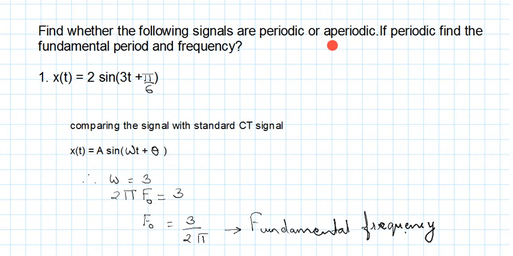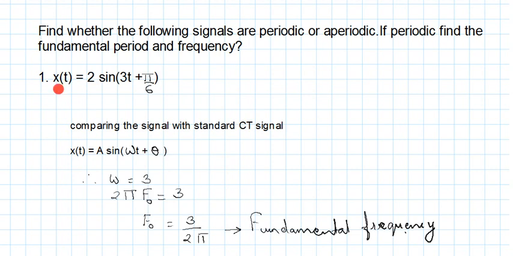If the signal is periodic, find the fundamental period and the fundamental frequency. So we have to check whether the given signals fall under the category of periodic or aperiodic signals. If the signals are periodic, we have to find the fundamental period or the frequency of the signal.